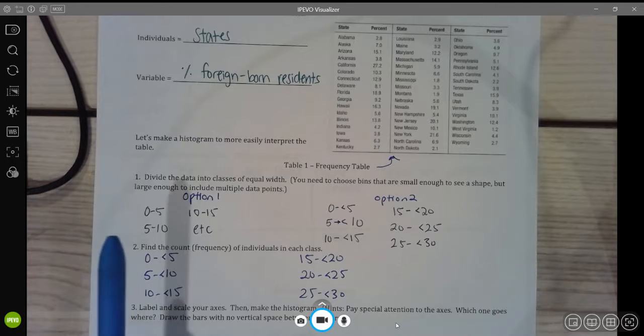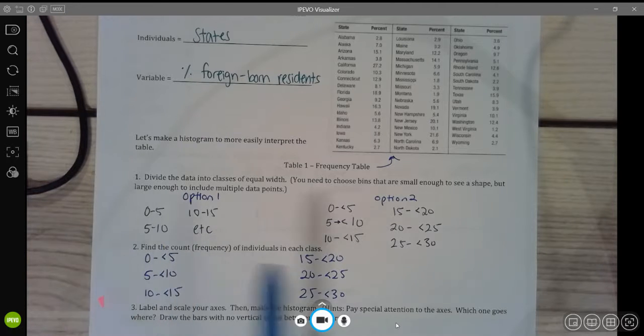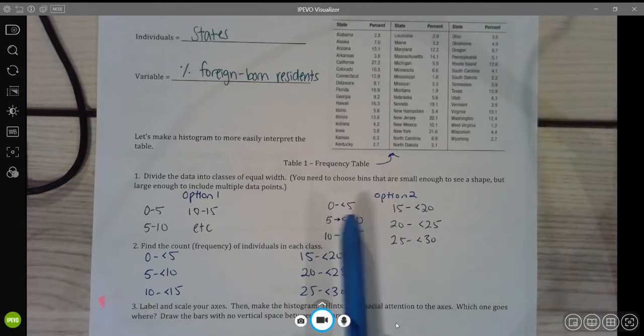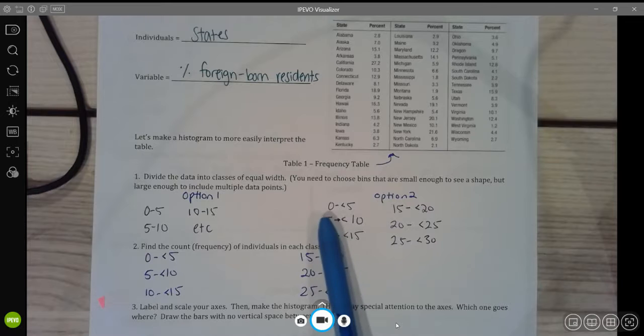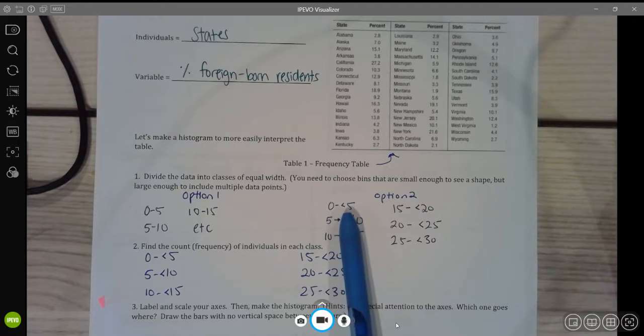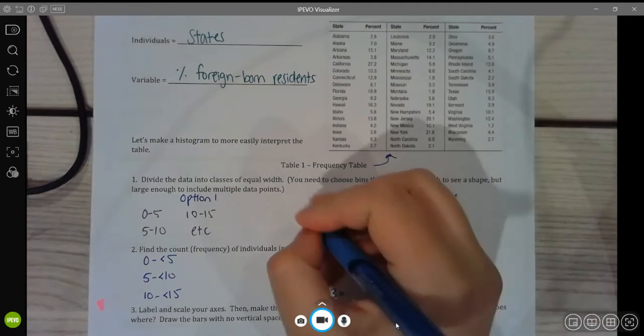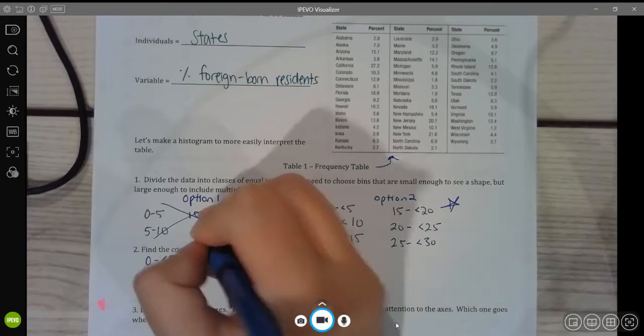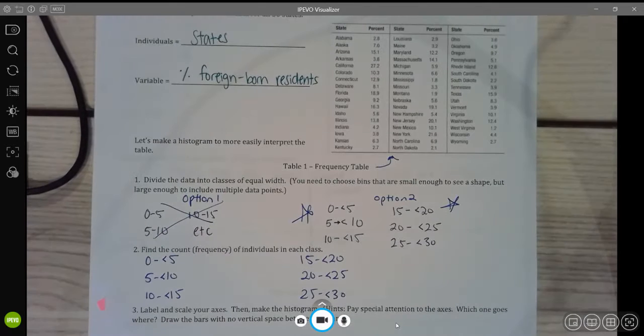Does it go in the first bin or the second bin? By writing it like this, I know that someone who is at 5.0 falls in this one, because it's not less than or equal to 5. It's 0 to strictly less than 5. So we want to go with option 2. Option 1 is a no.